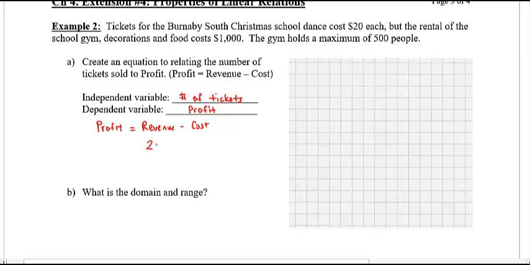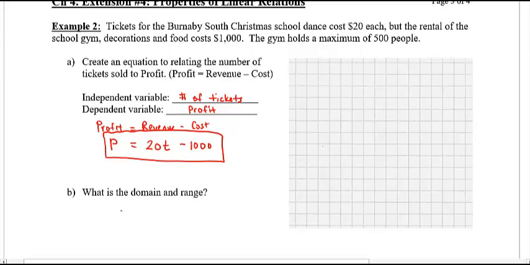So 20, how many tickets are sold? I don't know. I guess we'll call it T. It's a variable, right? What are my costs? No matter what happens, no matter if I sell 0 tickets, I still have a cost of $1,000. So I have to subtract 1,000 off my revenue amount. And that equals profit. So this is the equation that describes this situation.